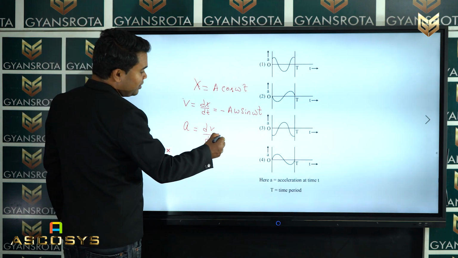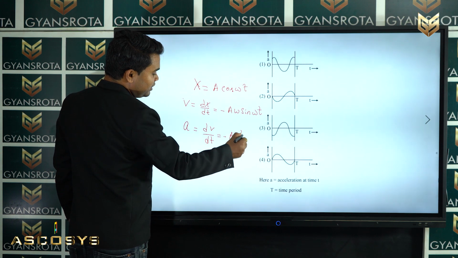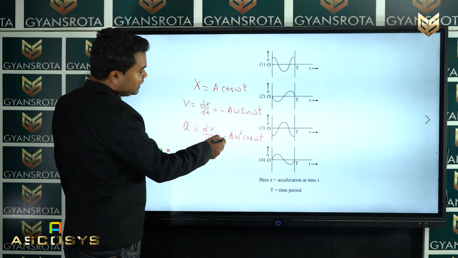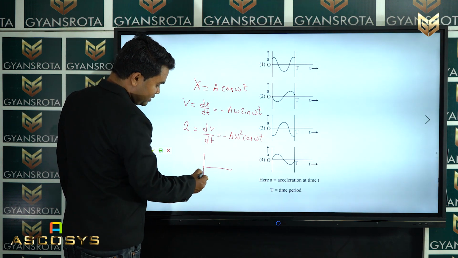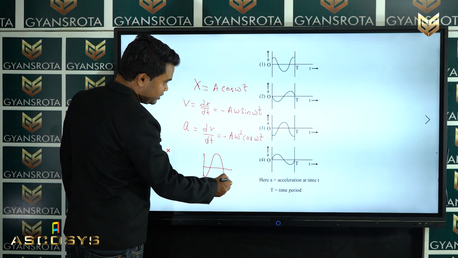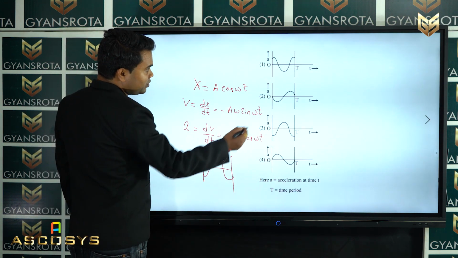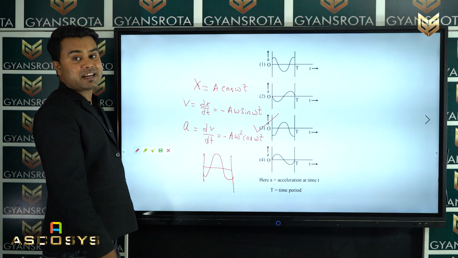So you will get minus a omega square cos omega t. So with the help of these two, my graph will vary in this way. So the graph will come in this way, right? So my right answer for this question is option number 3. So option number 3 is the correct answer.